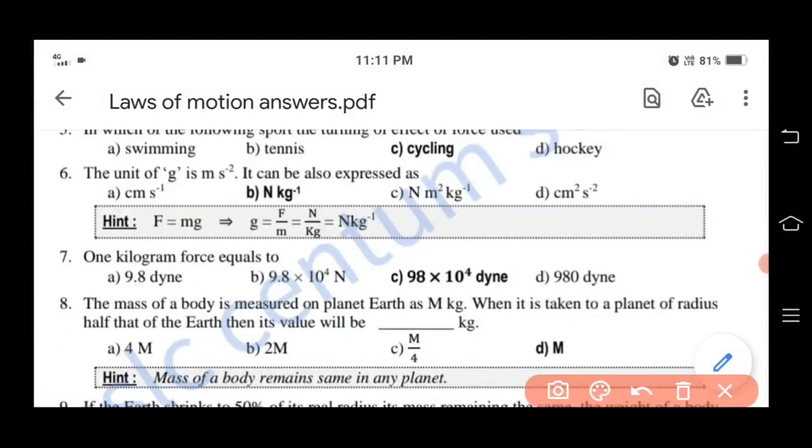Question number 7. 1 kilogram force is equal to 98 × 10^4 dyne. And then the mass of the body is measured on planet Earth as m kg. When it is taken to a planet of radius half that of the Earth, it will be dash kilogram.